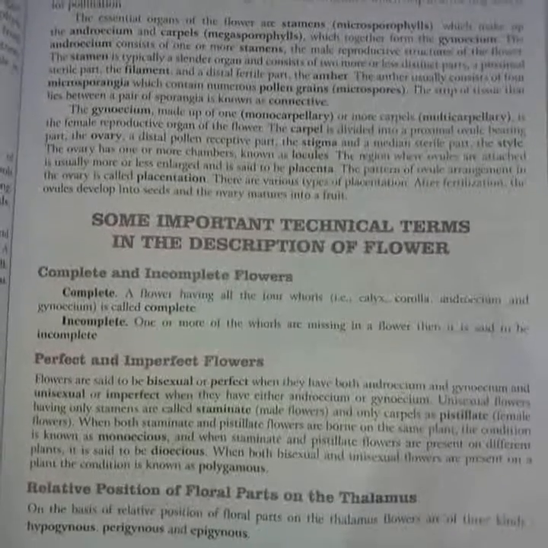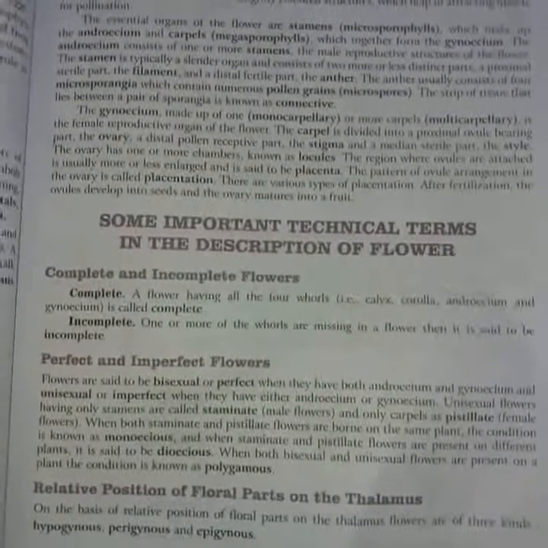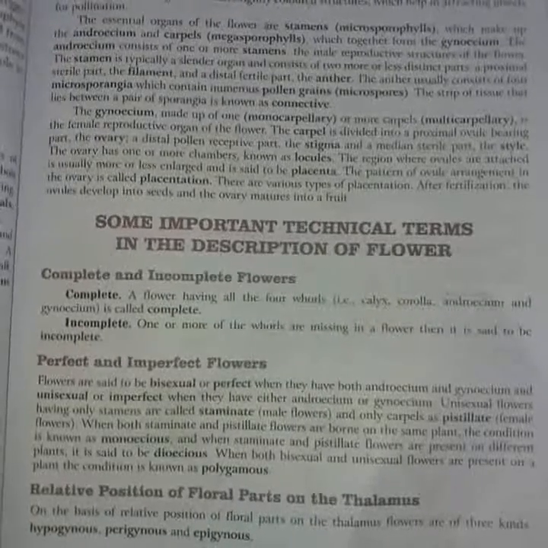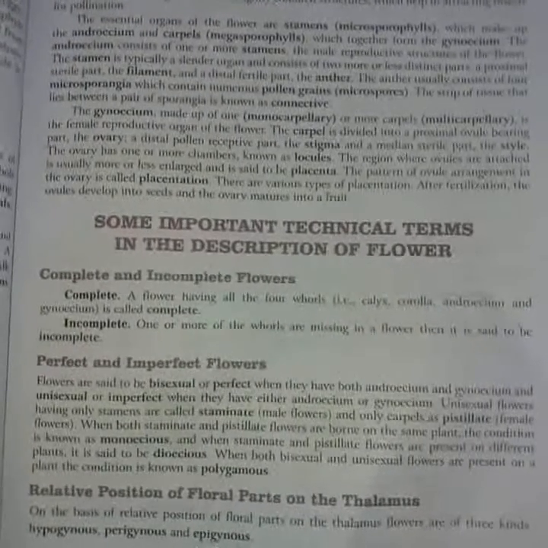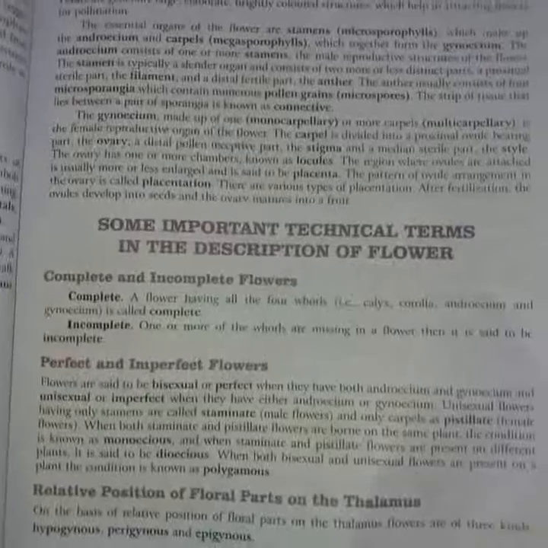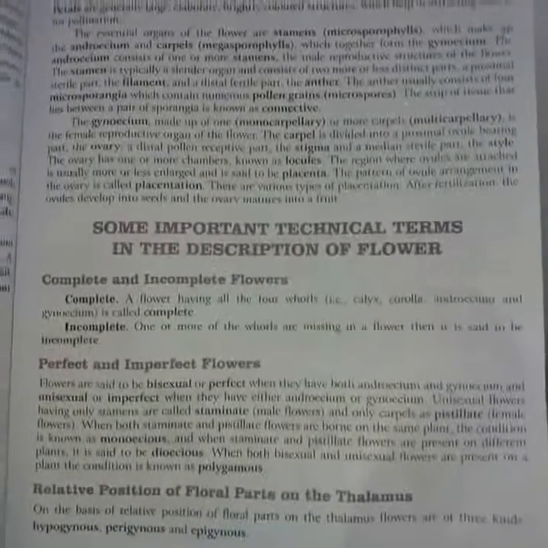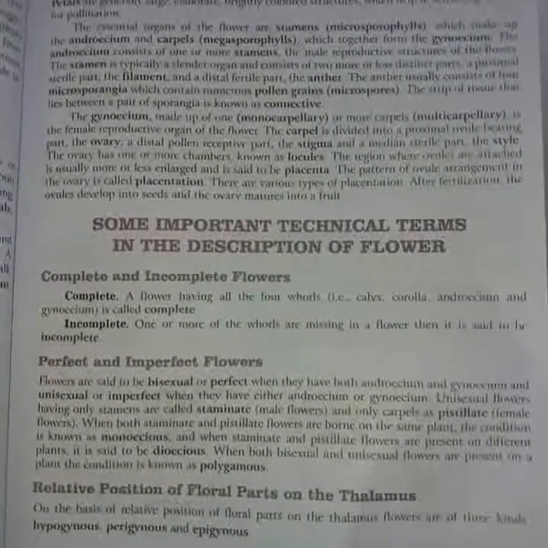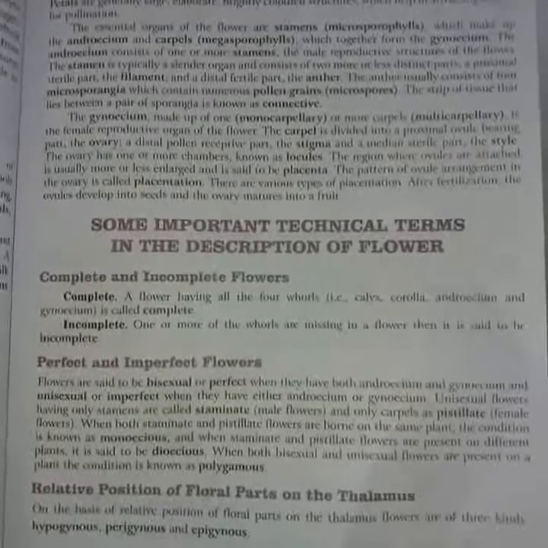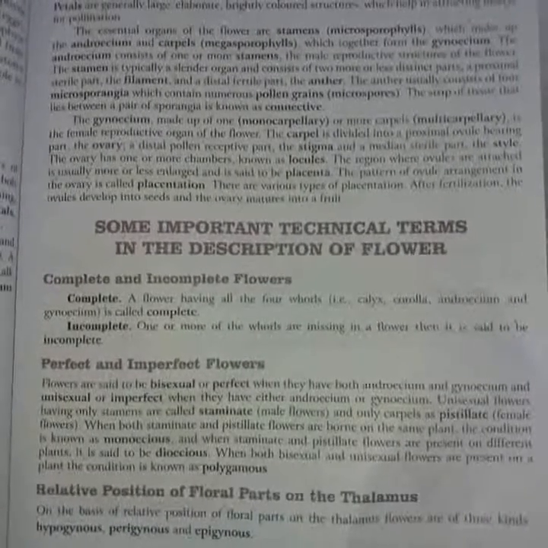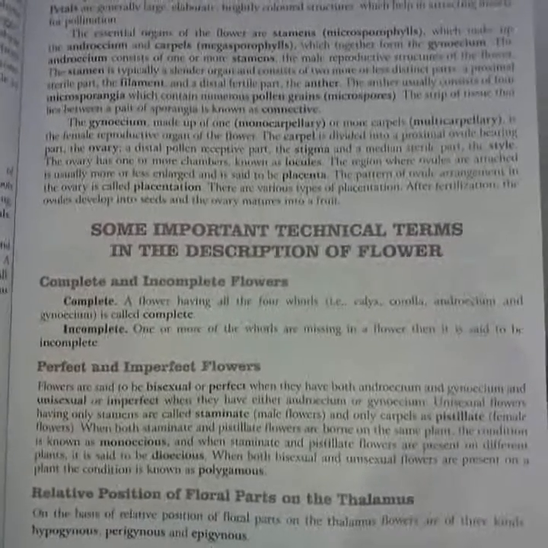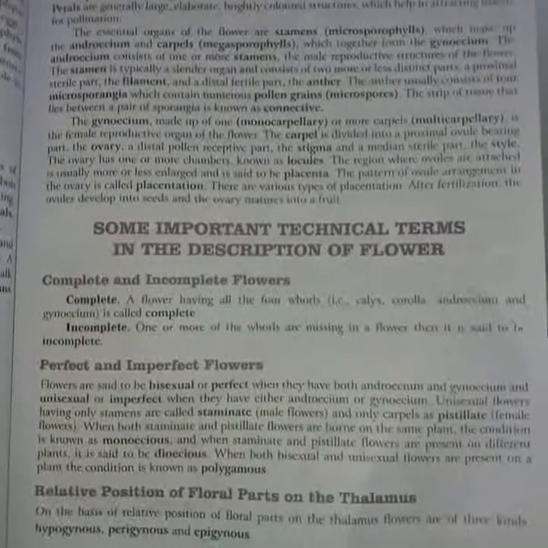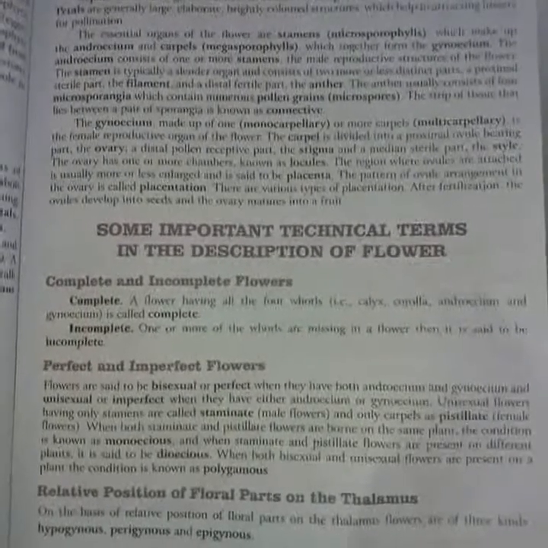Next is imperfect flowers. When only one of androecium or gynoecium is present in a flower, it is called imperfect. Imperfect plants are also called dioecious plants.